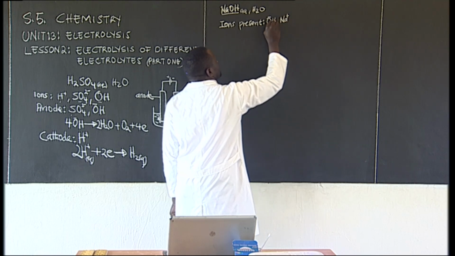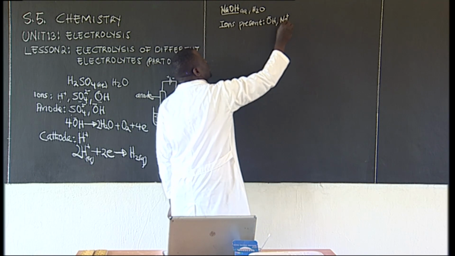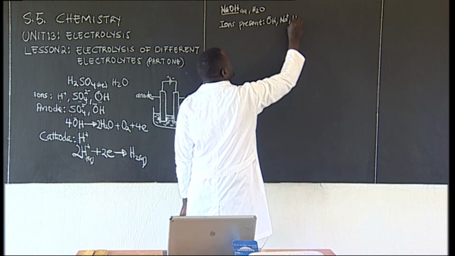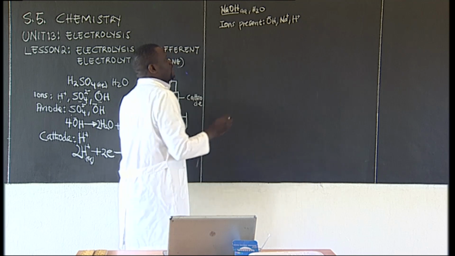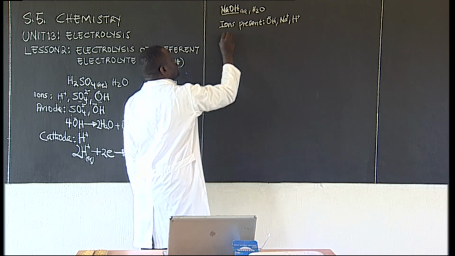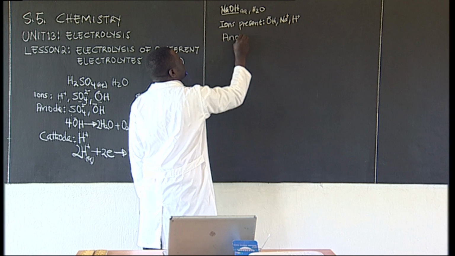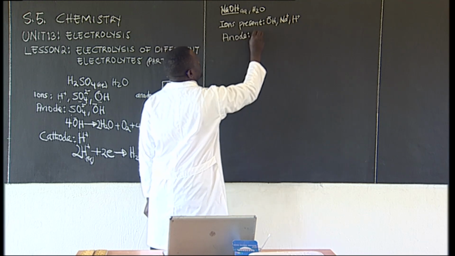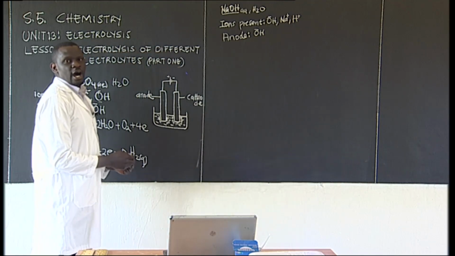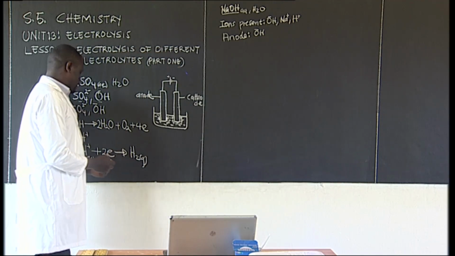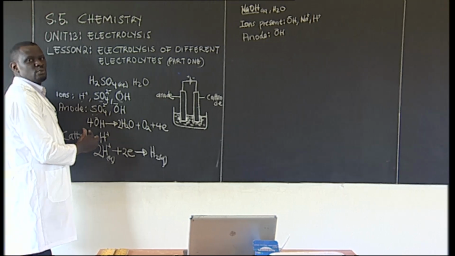So this OH comes from sodium hydroxide and water. Then we have also the H plus. So then we look at the anode, the positive plate. The anode will attract only OH, and our equation will be similar to this one.